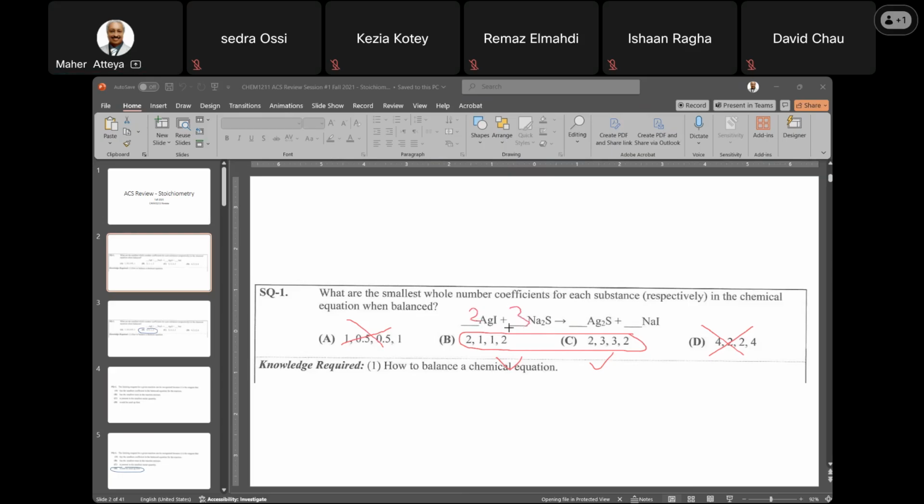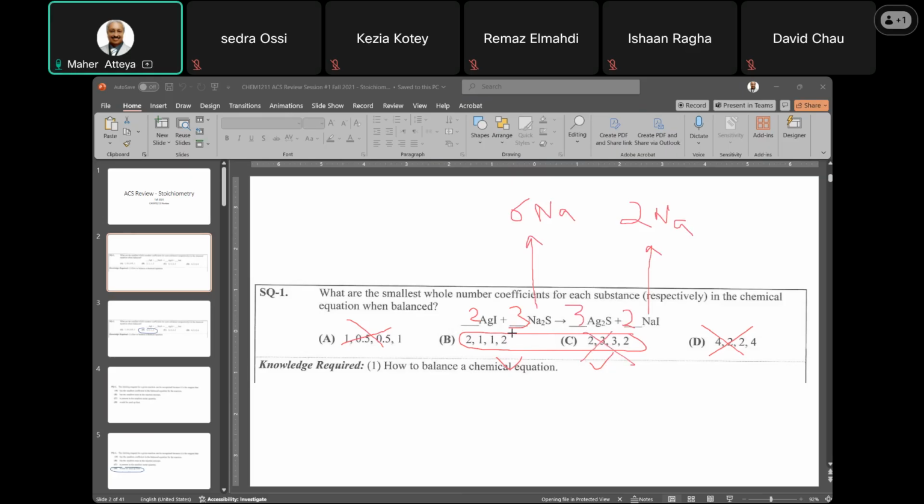See? 2. And see if that's correct. That's not correct because 3 multiplied by 2, for example, sodium here is 6. Sodium is 2. So C is not correct.